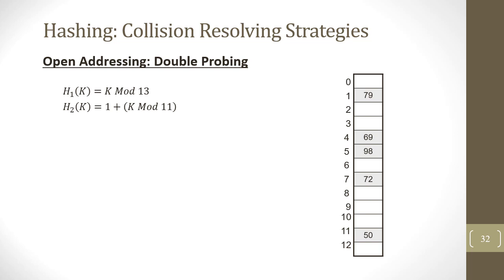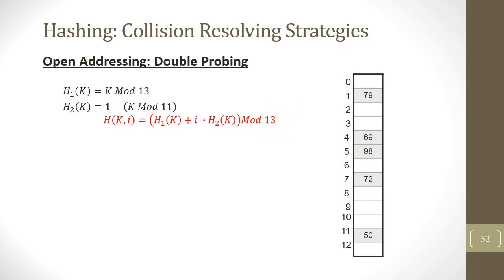So to find the probe sequence, we will have the following function, where we'll be using the original hash function plus i times the probing function. i here represents the probe sequence or the number of probes made so far. Since our table size is 13, we will be using mod 13.